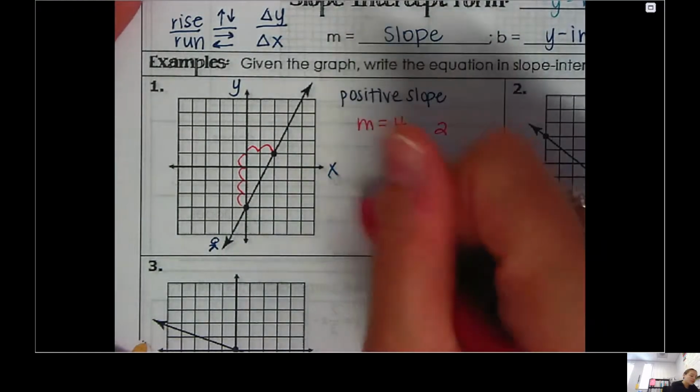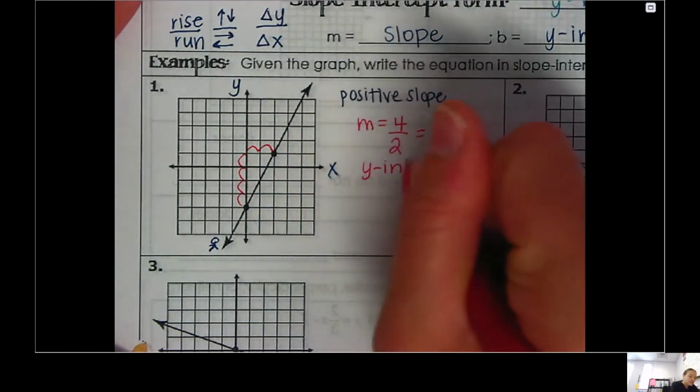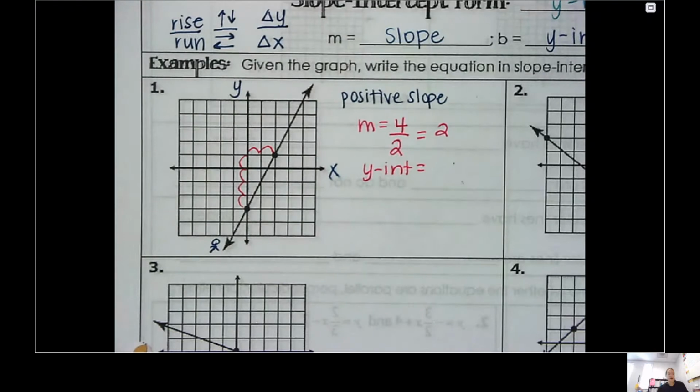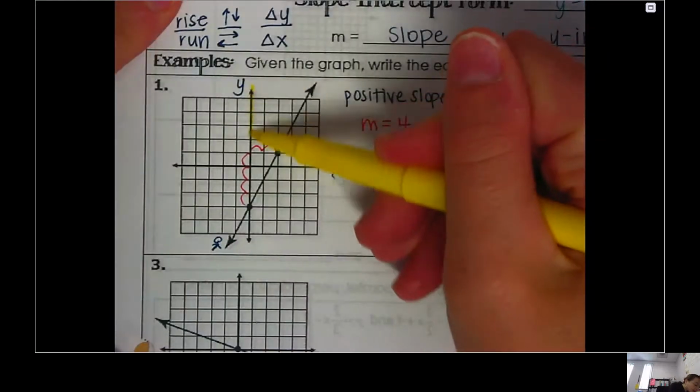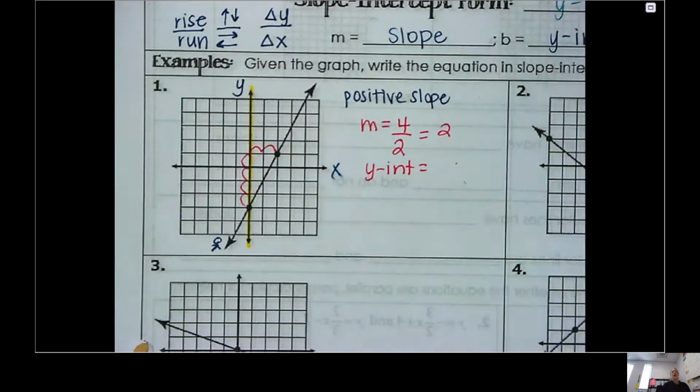Okay, and then the last part is the y-intercept. So that means where does your graph cross the y-axis? I'm going to highlight. Here's my y-axis. Okay, at what number does your line cross that axis? Right, -3. Good.